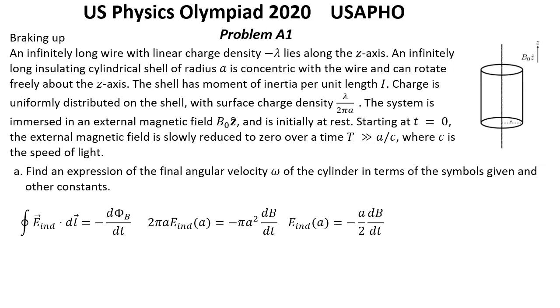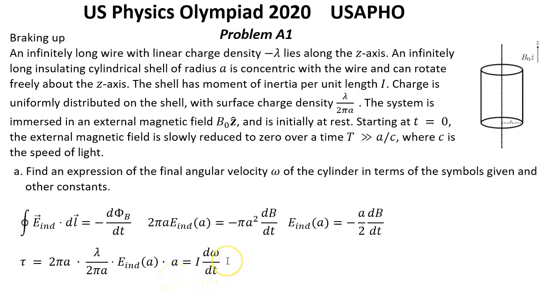Next, we can compute the total torque from the electric field on a unit length of the cylinder. That is the total charge, which is 2 pi a multiplied by lambda over 2 pi a, multiplied by the electric field and by the distance from the center of the cylinder, which is a.